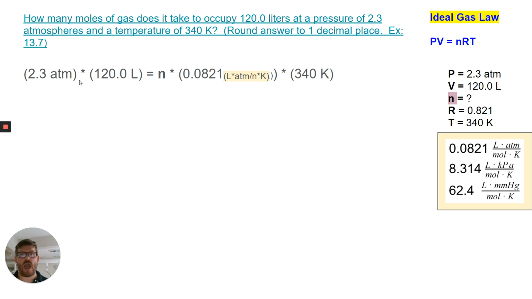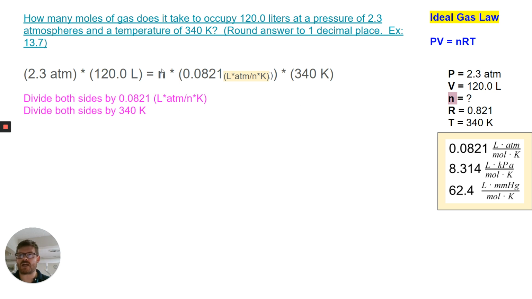We'd have atmospheres and liters and moles and Kelvin all present. We don't want that, so this is going to help us get rid of all those. And this is actually derived from using the other gas laws, from Avogadro's principle to the combined gas law, all of this is present there.